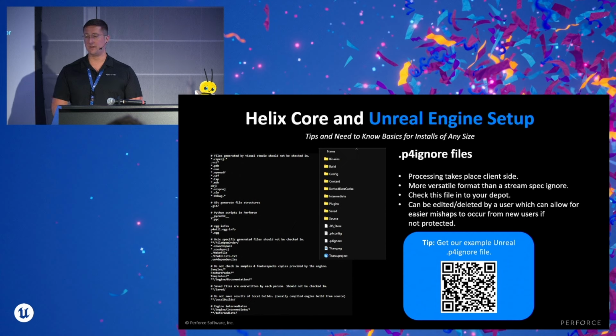So the big three that you typically want to exclude from your revision control are your Save directory, your Intermediate, and your Derived Data Cache. Excluding those, you can then build anything you need, run your game, or check everything in, and you're only getting the actual changes in the work from folks that you need to.